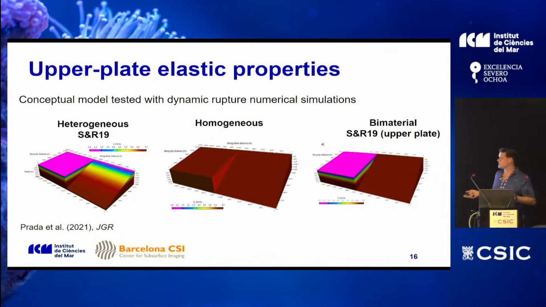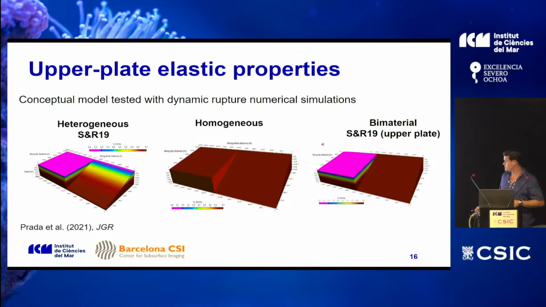Many studies assume a range of values based on empirical observations. But what we did here is assume the same frictional behavior for all the tests, but we tested different medias and compared them. So the results isolate the effect of the elastic media and not the friction of the fault.